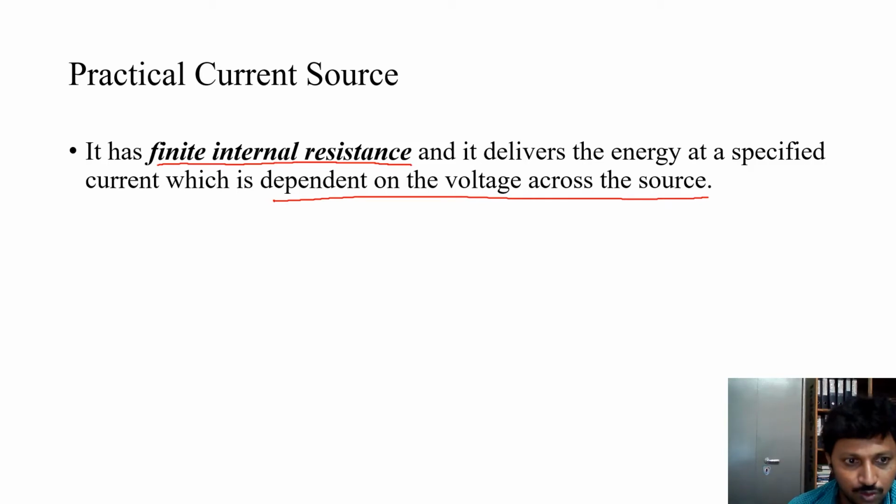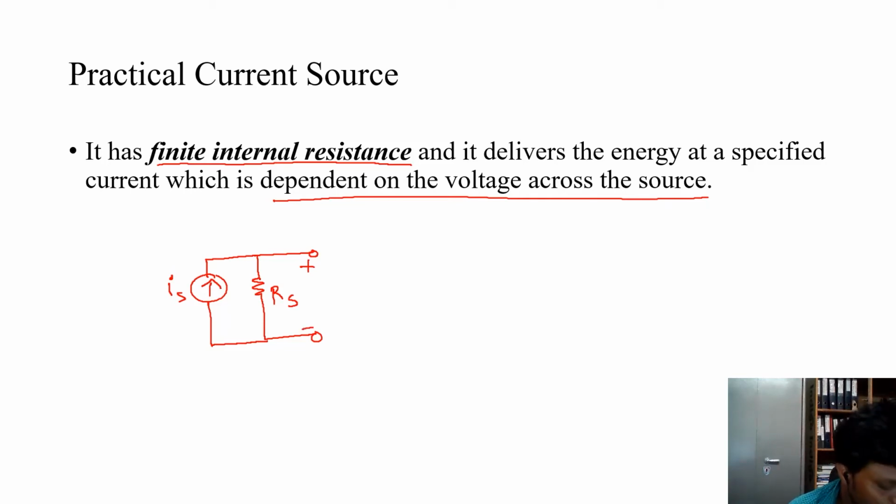I'm taking a practical current source Is. It has a finite resistance, that is Rs. This is plus and this is minus. Here is the terminal voltage, V0, and this one is a load.